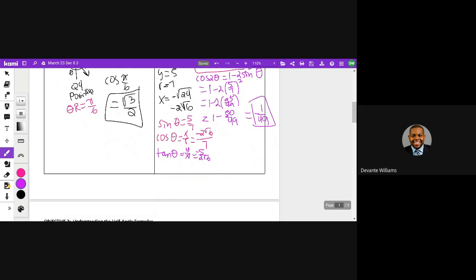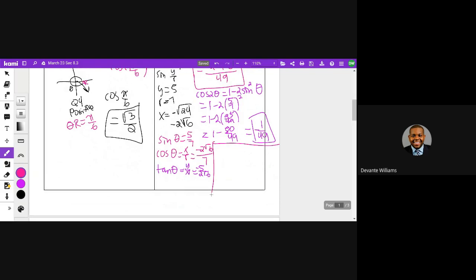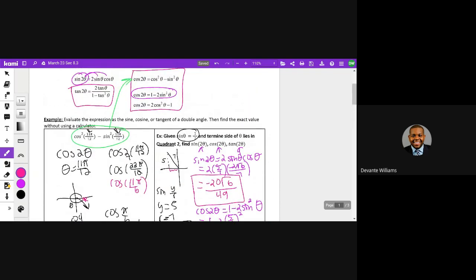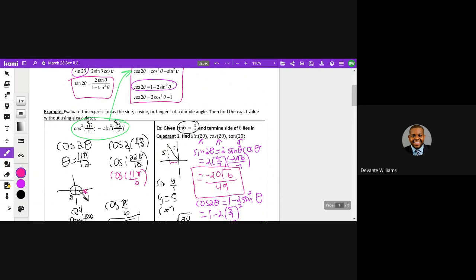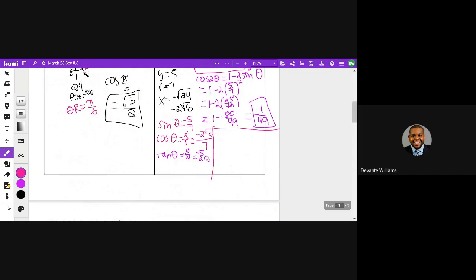All right. Now let's do tangent. For tangent, you can do two things. You can use the tangent formula, which is up there at the very top. That works. But because we found the sine and cosine already, we know that the tangent of 2 theta equals the sine of 2 theta over the cosine of 2 theta.